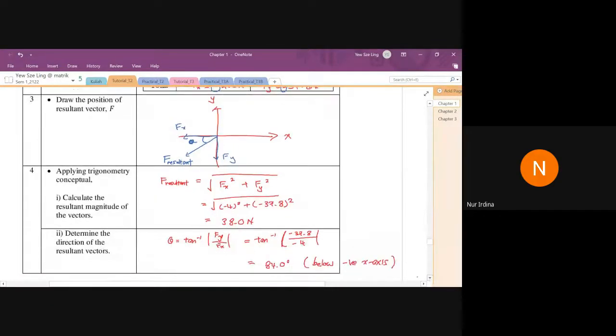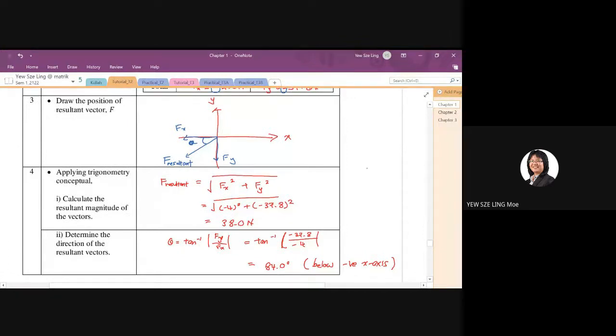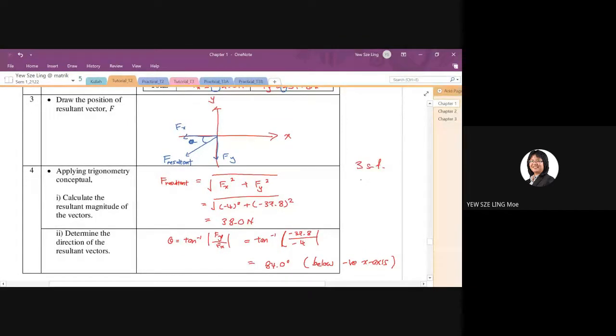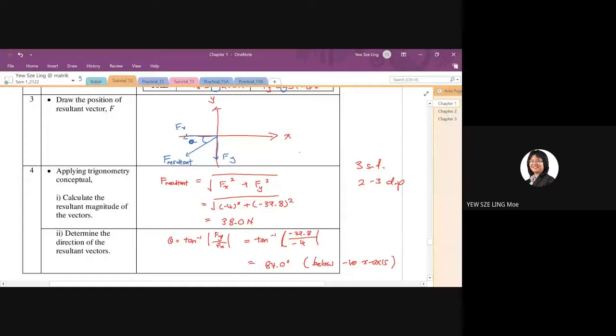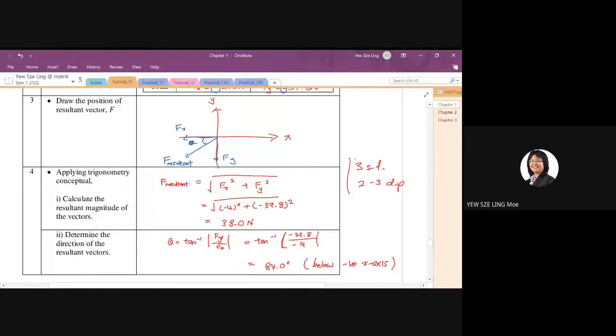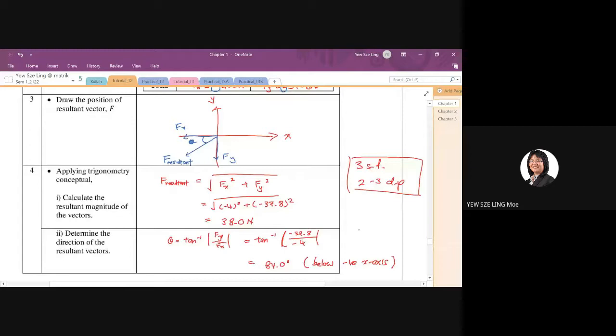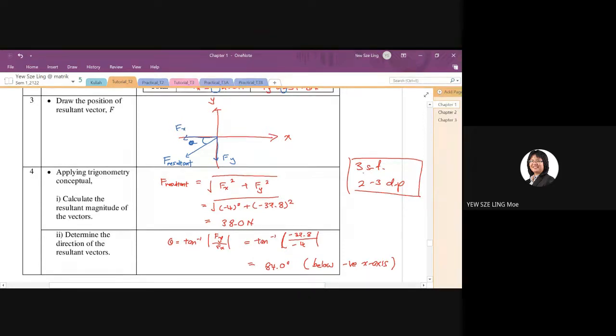Usually in the exam, we will see whether your answer is in 3 significant figures or 2 to 3 decimal places. As long as your answer follows one of these 2 rules, then that is okay. Just don't give too many decimal places. If 1, that is okay, because if you look at the last one, it fulfills the rule of 3 significant figures.